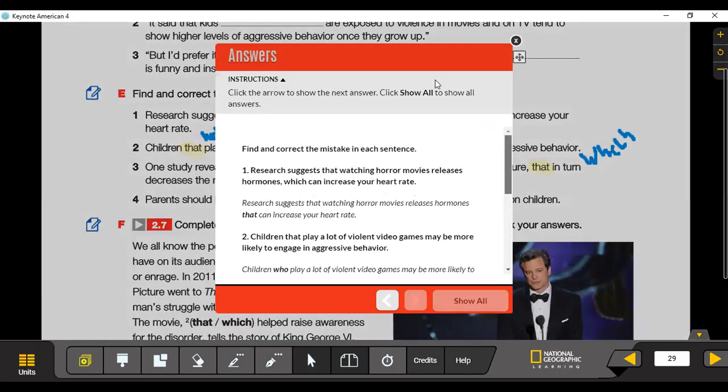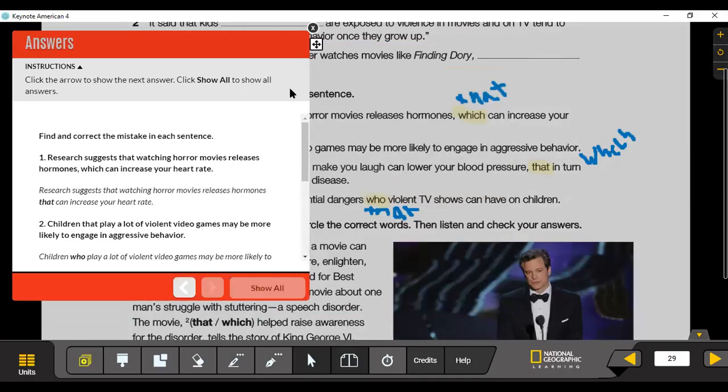Okay. So number one, it's supposed to be like this. Let me see if I can move so you can see. So I have: research suggests that watching horror movies releases hormones that can increase your heart rate. Everybody has it like that.